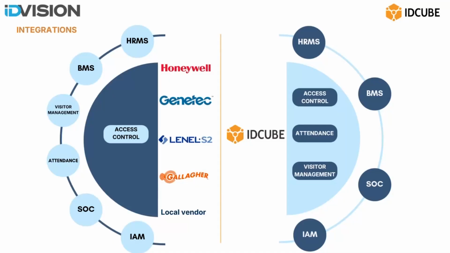Here we are showing you a comparison between us and our competitors. On the right hand side, you can see the IDCUBE platform as its core feature is able to give you access control, time attendance, and visitor management as IDCUBE itself. And then we integrate with third-party systems like HRMS, BMS, identity management, all of these platforms.